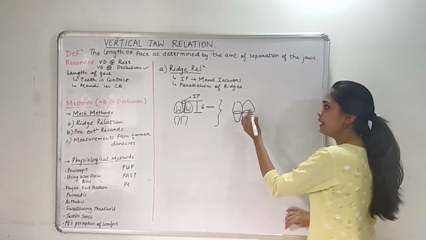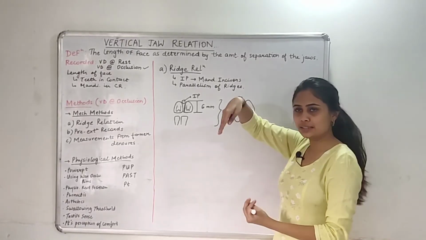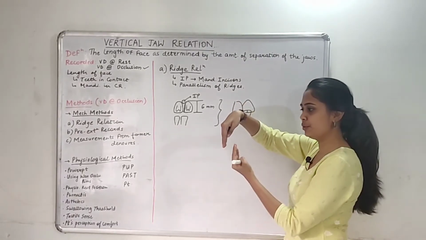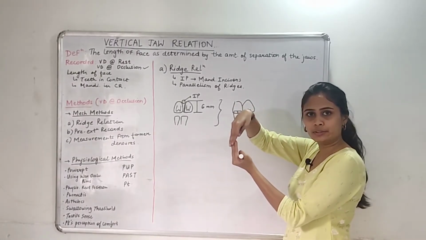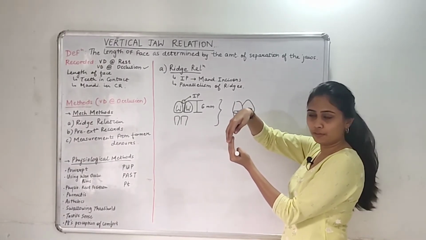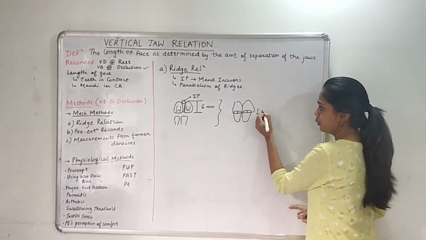So there will be a 2 mm overlap. If these are the maxillary incisors, I am showing you the lateral view, and these are the mandibular incisors. When the patient closes the mouth, we will have something like this. So there will be a 2 mm overlap.